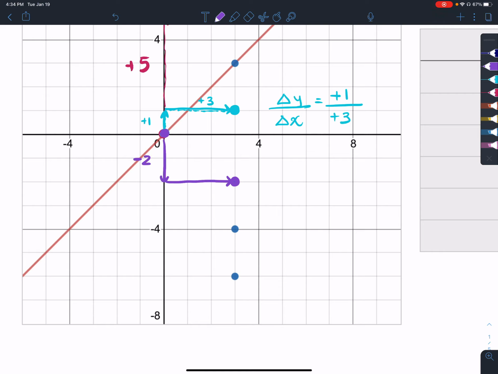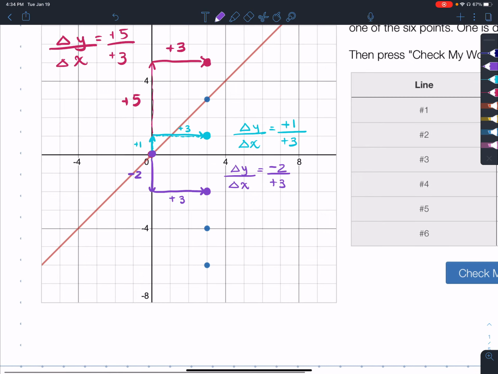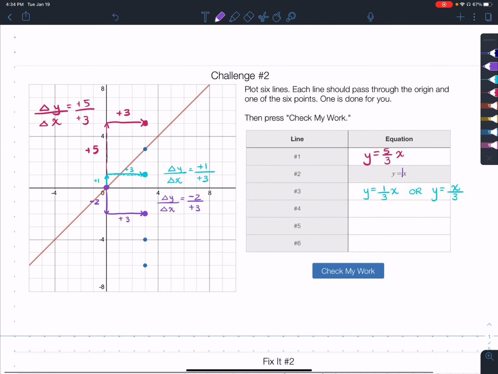We're going to the right, so that is represented by positive 3. So here we have our change in y over our change in x. This becomes negative 2 in the vertical and positive 3 in the horizontal. So the equation here is y equals -2/3 times x.